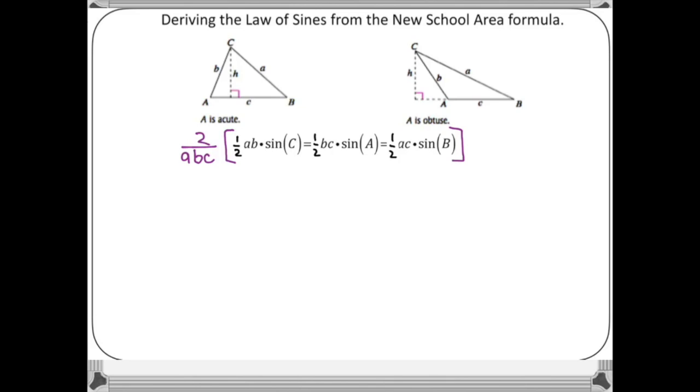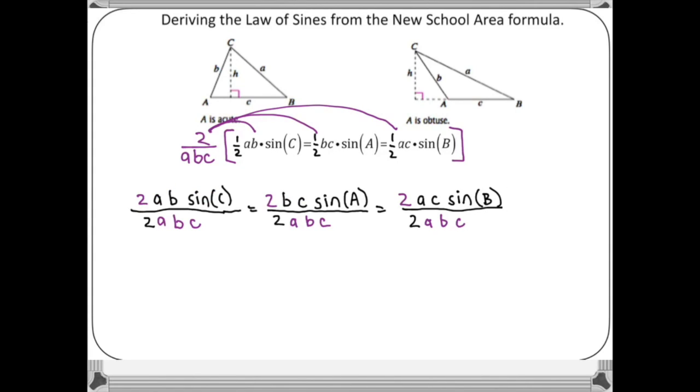We're going to distribute it into each one of these and see what happens from there. When we distribute the 2 over ABC into each of those statements, we end up with this. And from here, we get to cross some stuff out.